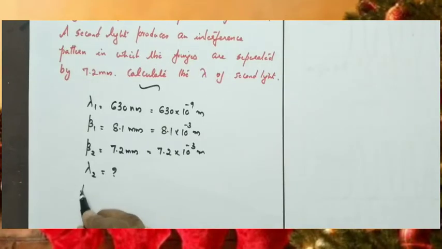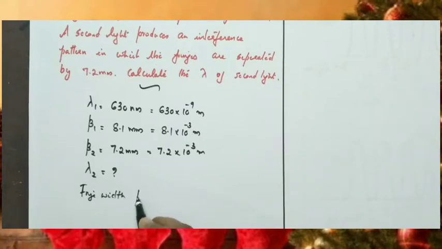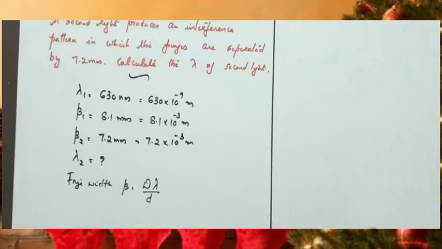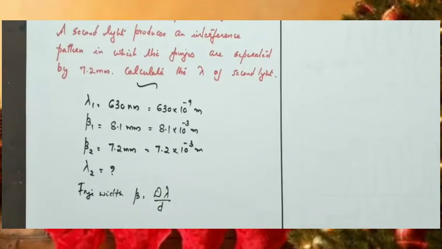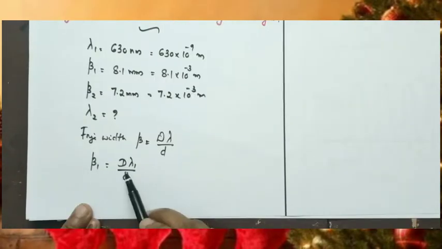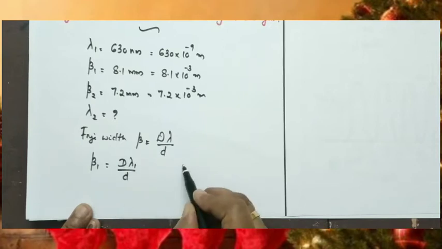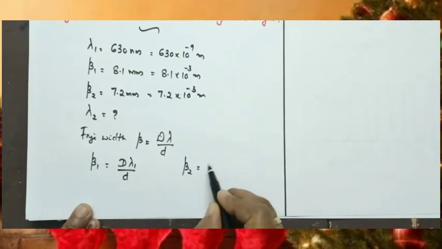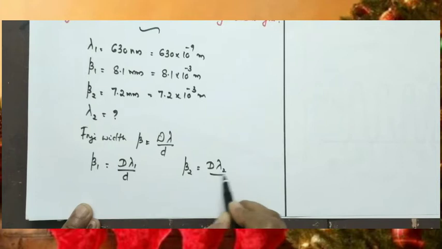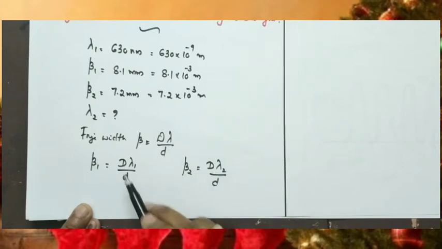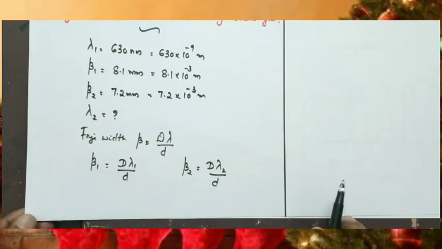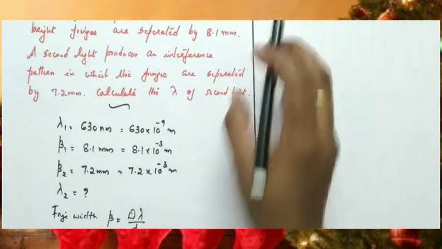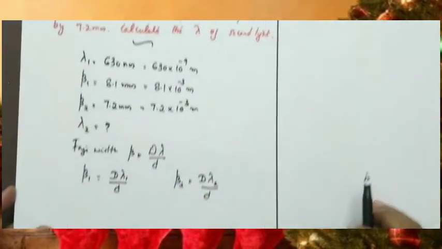Now what is the formula for fringe width? Fringe width beta is equal to d lambda divided by D. For beta 1 we have d lambda 1 by D, and for beta 2 we have d lambda 2 divided by D. The values of capital D and small d remain the same, because the same interference condition is applied for both the cases.